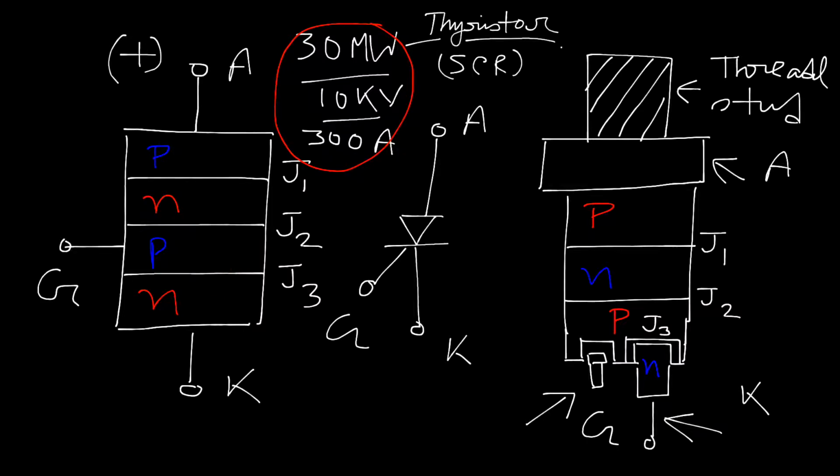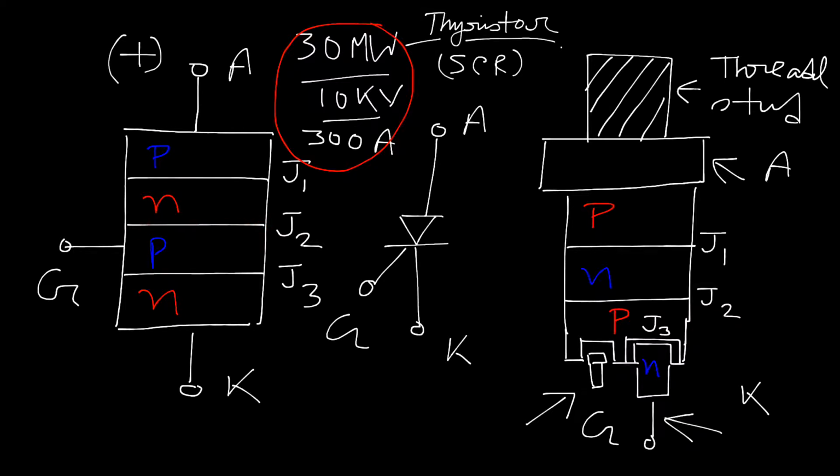That means there is no question of a depletion layer there. Whereas junction J2, which is across the NP region, works as a reverse biased diode. The current tries to flow from anode to cathode, but as junction J2 is reverse biased, a depletion layer forms.